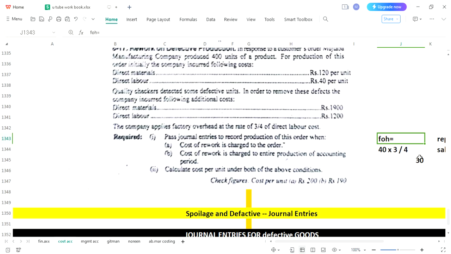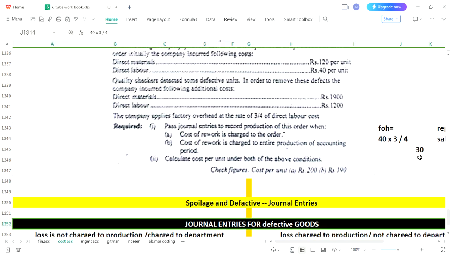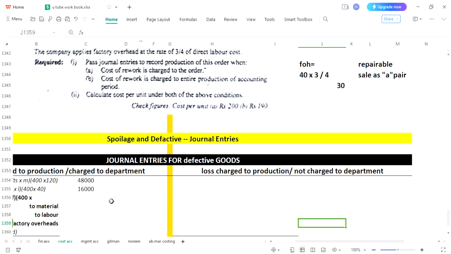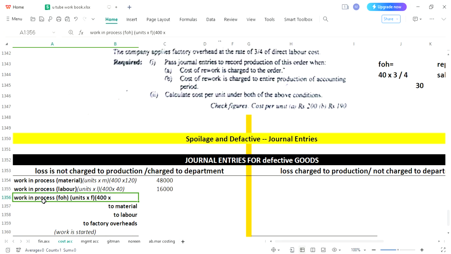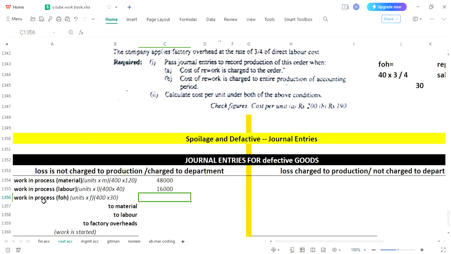So for our question we needed FOH per unit and that has been calculated as 30. So put 30 over here. In this way statement for work in process FOH has been completed. Now we can put amount over here. We will follow this formula: 400 is going to be multiplied by 30.